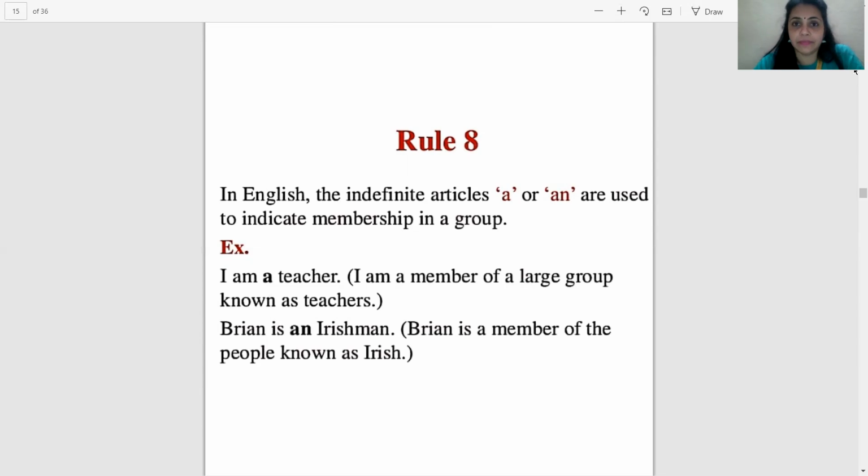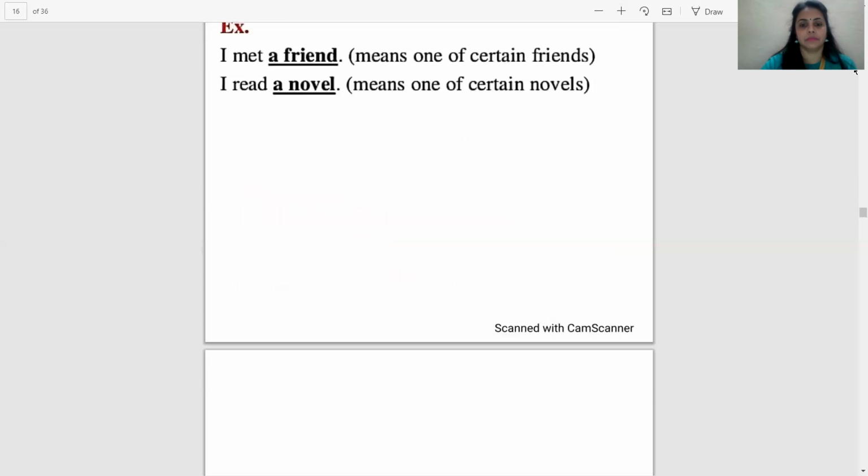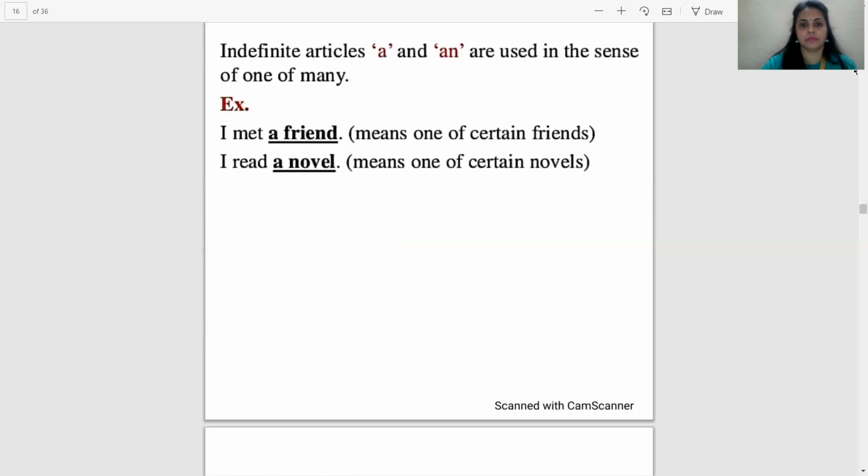Architect. I'm an architect. That will also take an, because in architect a vowel sound is coming. So in this manner, the group or your membership is also decided with the help of these articles.